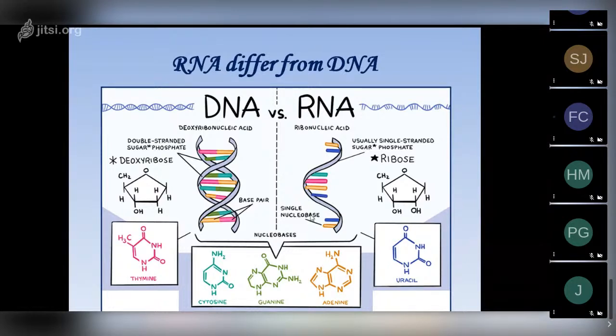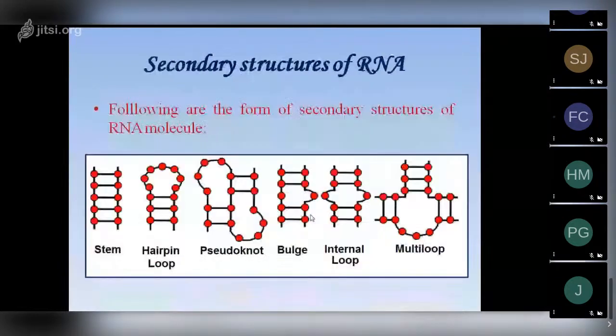Although there are several differences between the DNA and RNA molecules, here I am just saying the basic differences. There are some secondary structures of the RNA molecule. The stem and hairpin loop can be the major secondary structure of RNA.